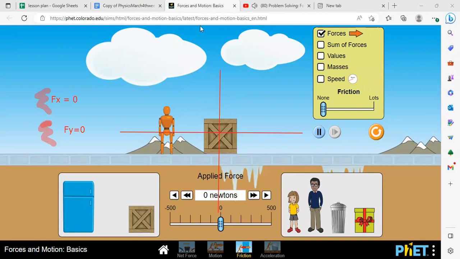So obviously meron kang force pababa. So may bigat yung object. Ibahin natin yung kulay para mas kita. So may force ka pababa.